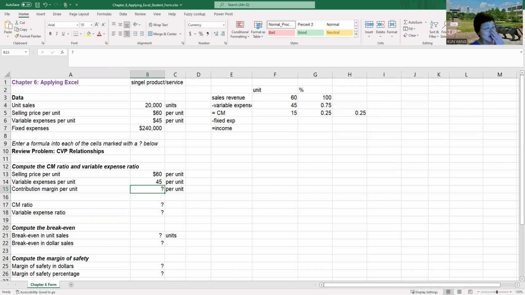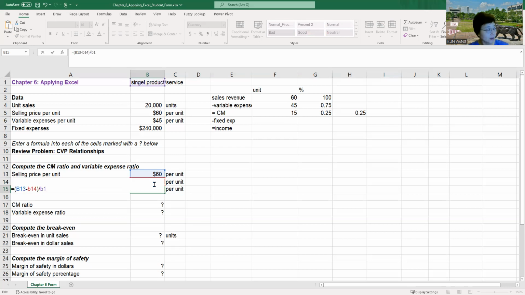And if I do the direct calculation, I'm putting the formula because I use the sales revenue minus the, so B3 minus B14, then divided by B13. Again, revenue minus variable expense, then divided by the revenue again.